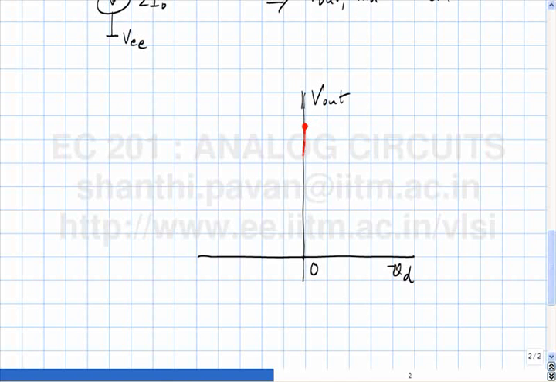So the infinite slope region is bounded on the top by what voltage? VCC minus 0.65 volts, and it is bounded at the bottom by VCM. And beyond this point, the gain will become small.